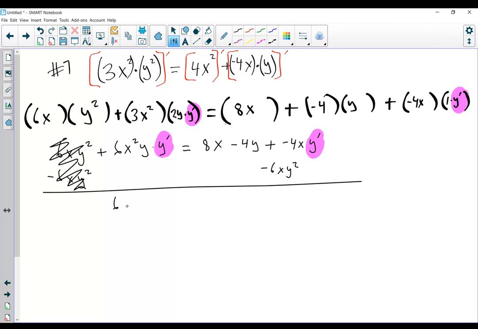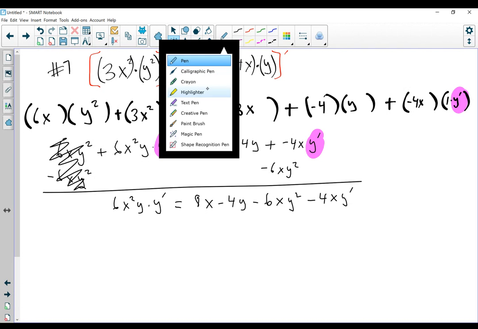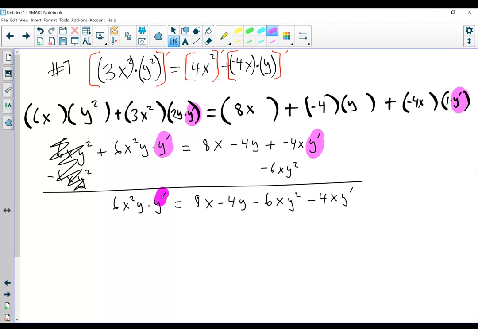On this side, you're still left with 6x squared y times y prime. On this side, you have 8x minus 4y minus 6xy squared minus 4x y prime.